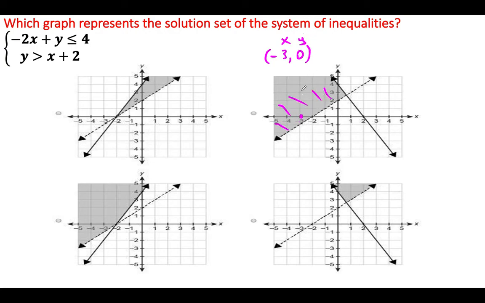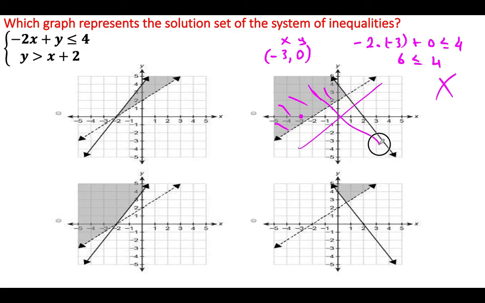Let me check it. When I put it here, instead of x, negative 3: negative 2 times negative 3, plus y, which is 0, less than or equal to 4. So 6 is less than or equal to 4. Is this correct? No. So this cannot be solution. So pass it, no need.